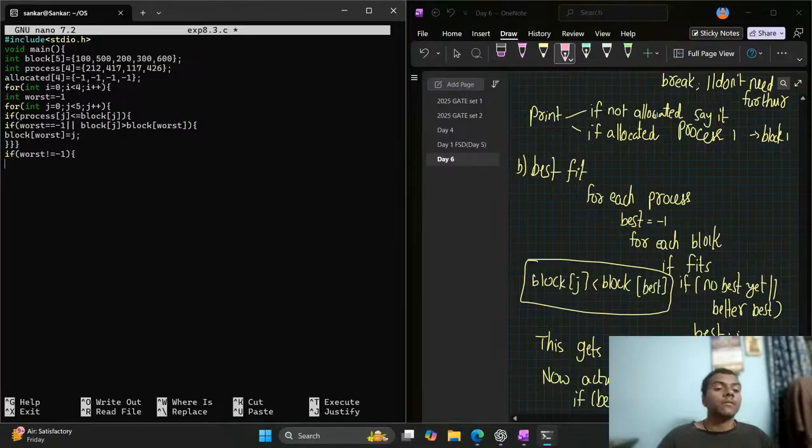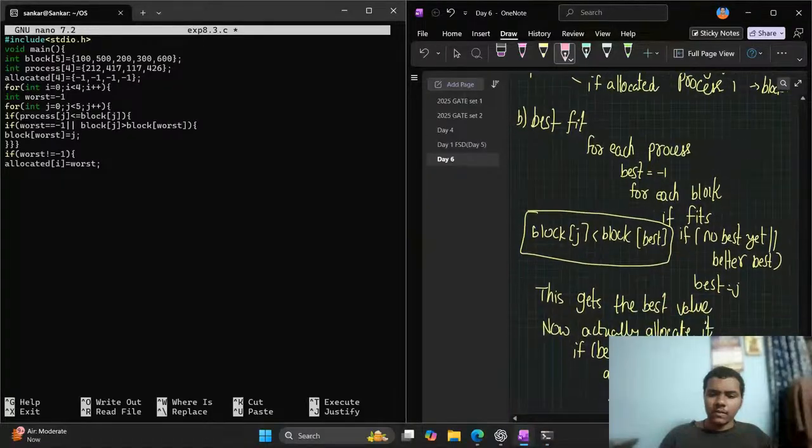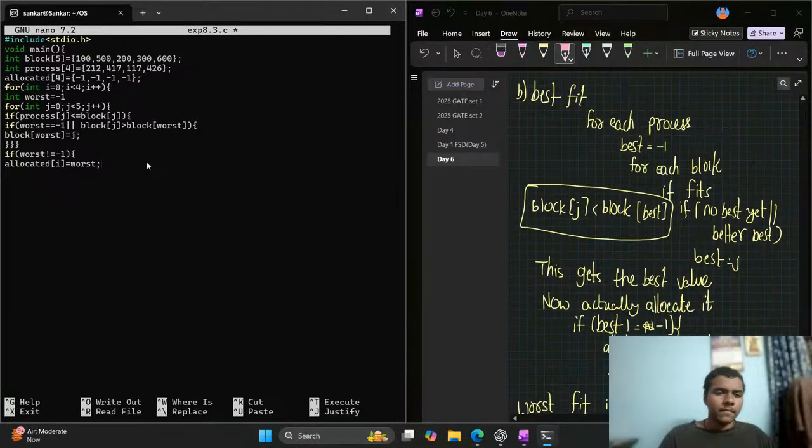If worst is not equal to -1, allocated of I is equal to worst, not J. And make the block unusable because you already allocated it.